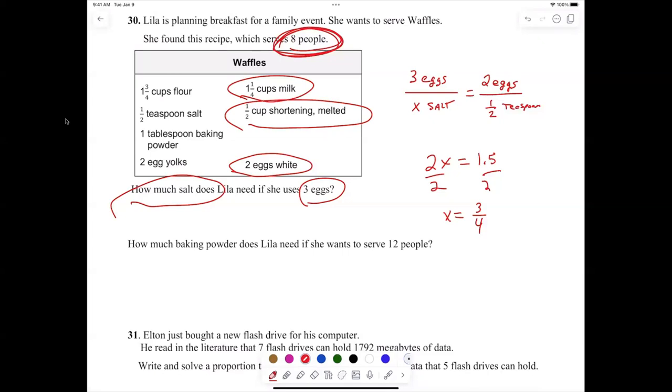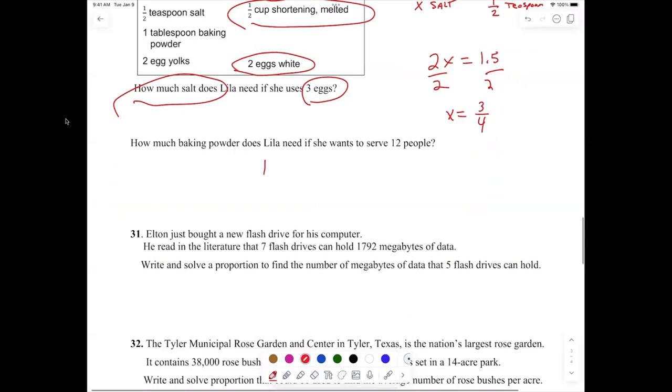All right, now the last one that I'm going to share with you. It says how much baking powder. Now she needs to serve 12 people this time instead of 8. She's doing 12 people. So if she wants to serve 12 people, she's trying to figure out how much what? Right.